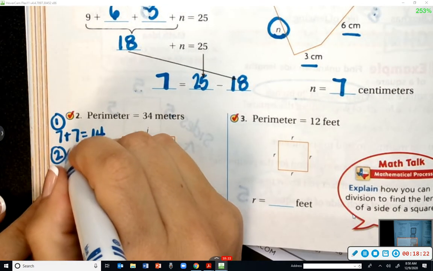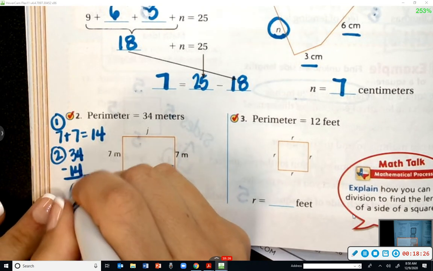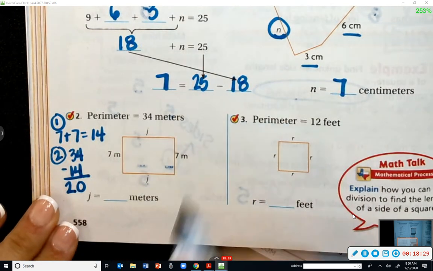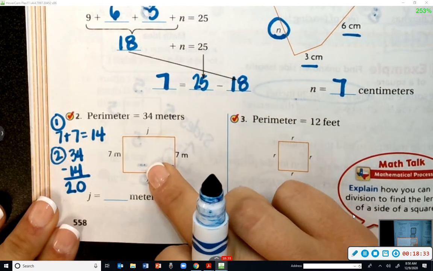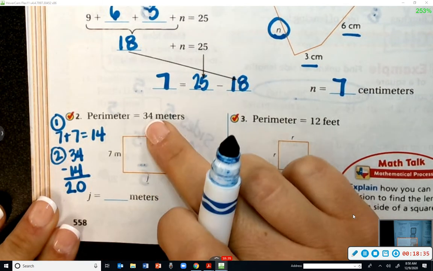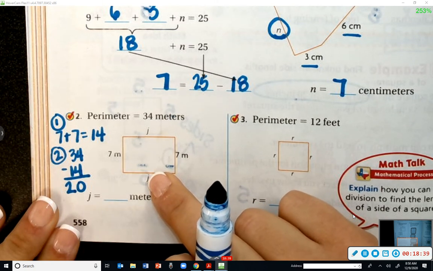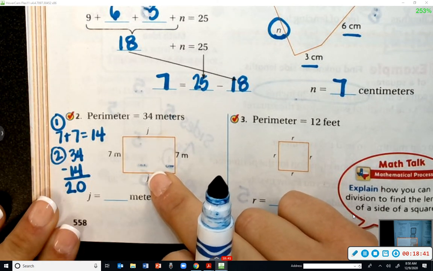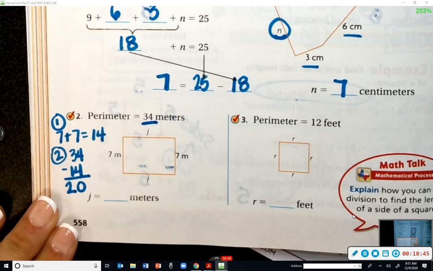Good. But now I can't just put 20 here, because if I put 20 here, then that means this would have to be 22. So 20 plus 20 is already 40. Can I have a perimeter of 40 already? No, because it can only be 34. So we have to do one more thing.